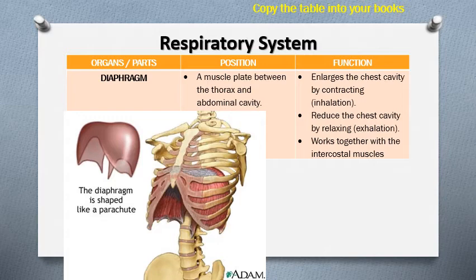They work together with the intercostal muscles, which are the muscles between the ribs. So we've got the ribs, which are the bones. Between the ribs, we have the muscle, and that allows for you to contract, opening up your thoracic cavity during inhalation. And as I said, we'll speak more about the process of inhalation and exhalation towards the end of the topic. Okay, guys, you're writing this all down in your workbooks.